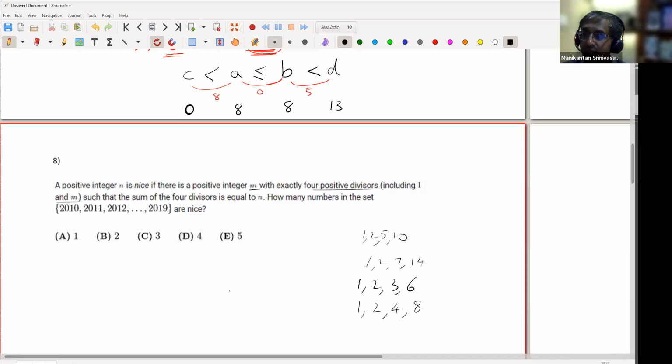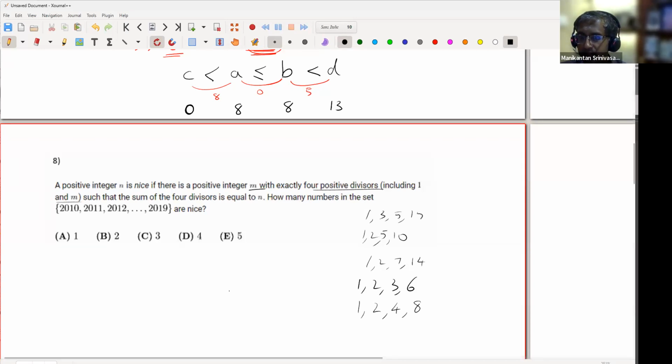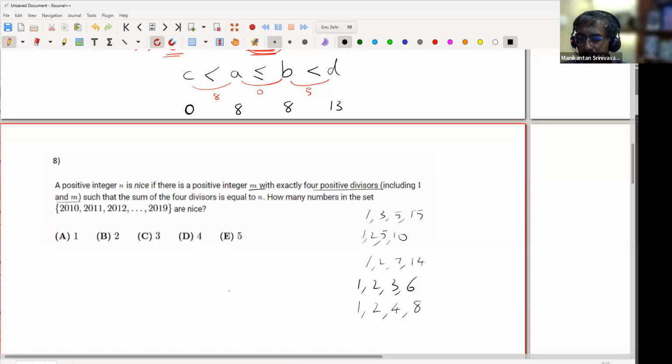After 14, which will be the next number? It can't be 16 because it's a square number, so it will be 18. What about 15? 1, 3, 5, 15. So that eliminates Drishit's logic that 2 has to be there, right?